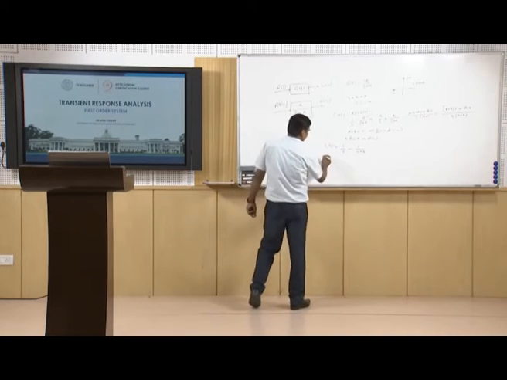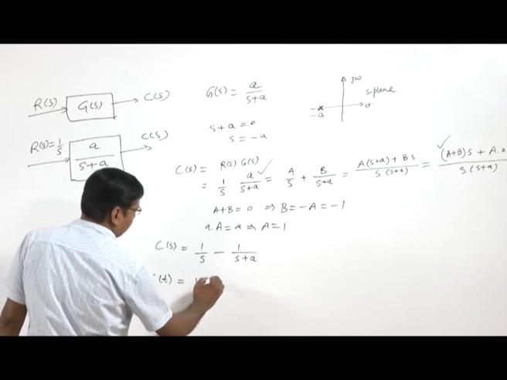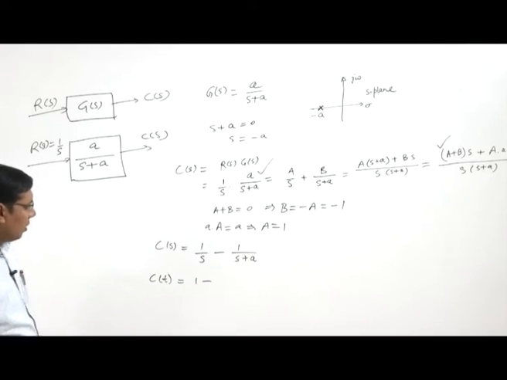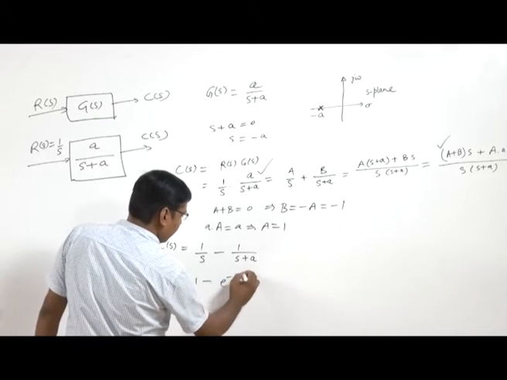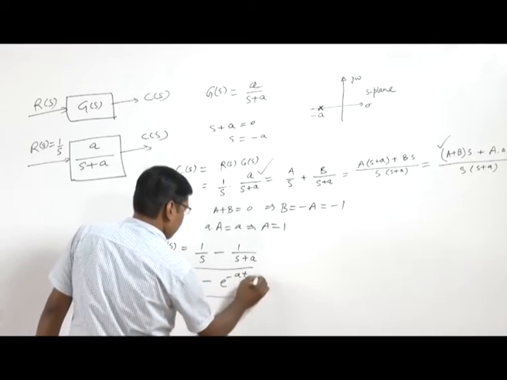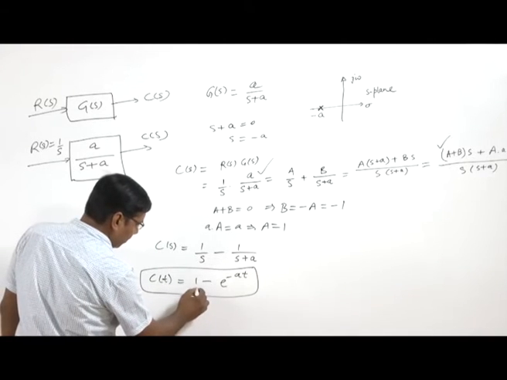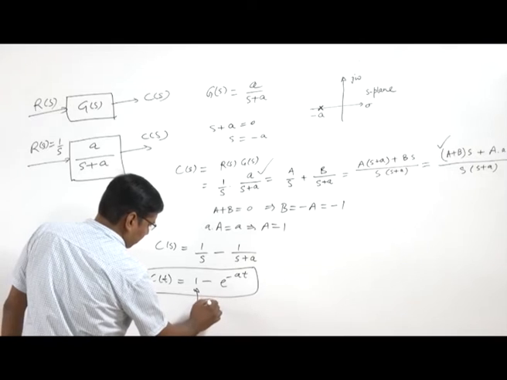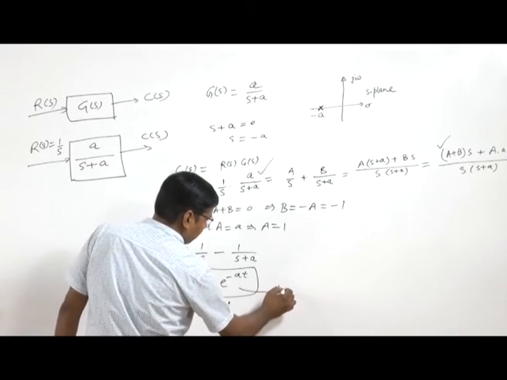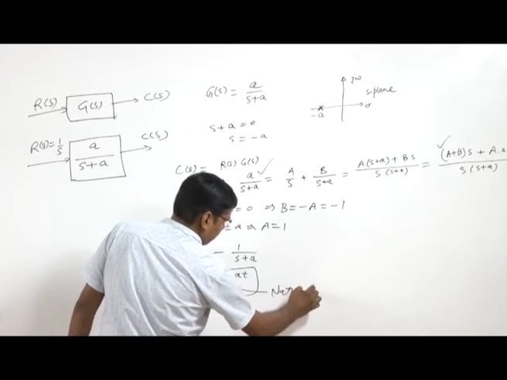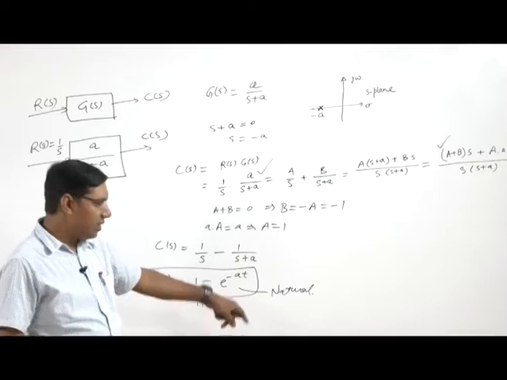So we get c(t) equal to 1 minus e power minus at. In this, the first part is the forced response and this part is the natural response. So the complete response comprises the forced and natural response.